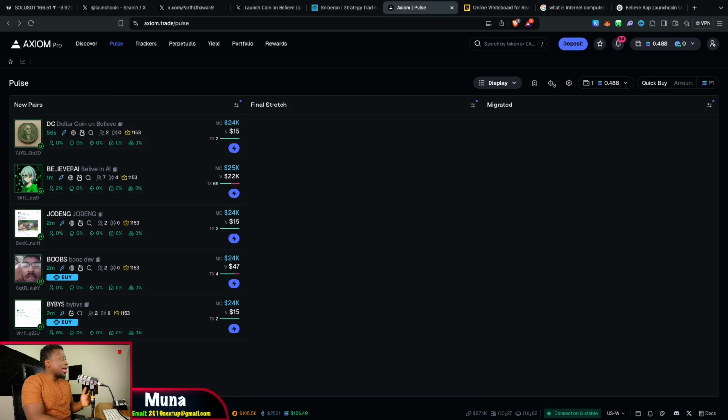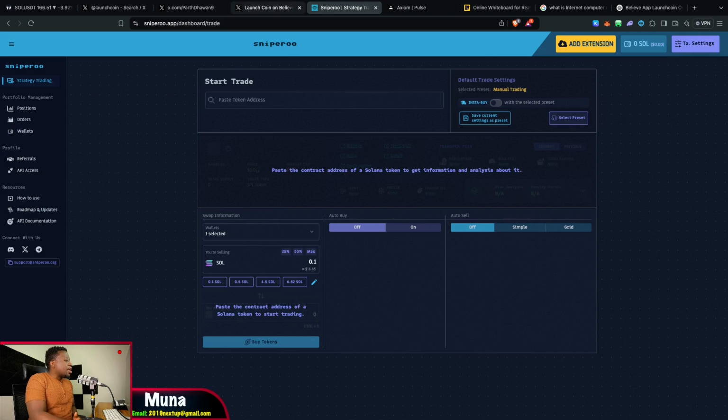Once you snipe, on Sniperoo, right over here, you're going to have your default at 0.1. Then you're also going to have another entry, which is going to be about 0.9, so that you can easily get in using a click of a button in a very short period of time.